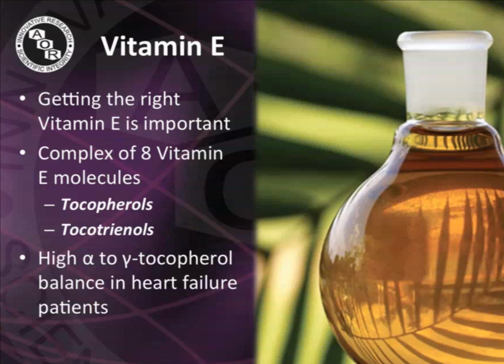And why this is significant is because when we're looking at heart function, gamma tocopherol is actually the most important of the tocopherols for heart function. And there's actually problems with high alpha tocopherol supplementation in people with heart conditions.